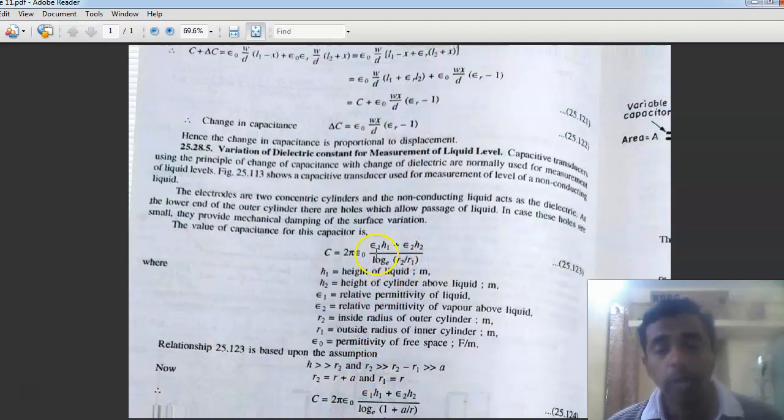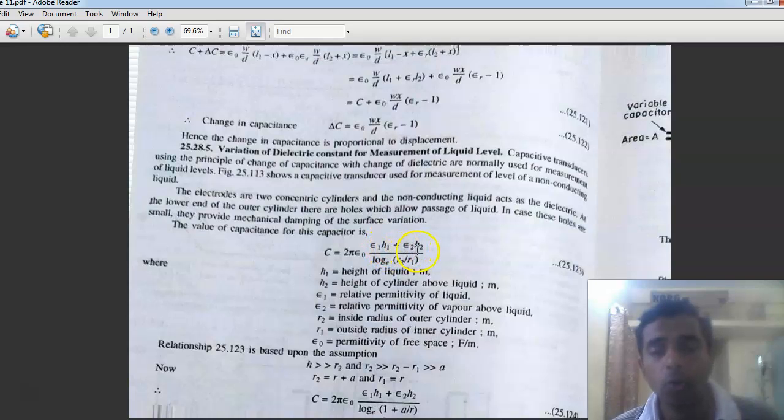Now h1 and h2 are simply numbers. You can see that this number is being multiplied with epsilon 1. What is epsilon 1? That is the relative permittivity of the liquid, the non-conducting fluid. What is epsilon 2? The relative permittivity of the vapor above the liquid. And epsilon naught, we know, is the permittivity of free space. So h1, which is a number, is being multiplied by epsilon 1. That means this number can increase or decrease. So based on the increase or decrease of h1, this epsilon 1 term is magnified or attenuated; the whole value depends on the magnitude of h1.